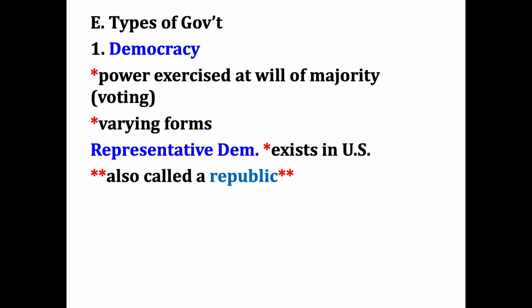We can also take that power away by doing what? Voting for somebody else the next election cycle, right? That's a republic. Okay? So we give that power to politicians to represent us. So we can call ourselves a representative democracy, or we can call ourselves a republic, either or. Most people would say that a republic is probably a more fitting term.